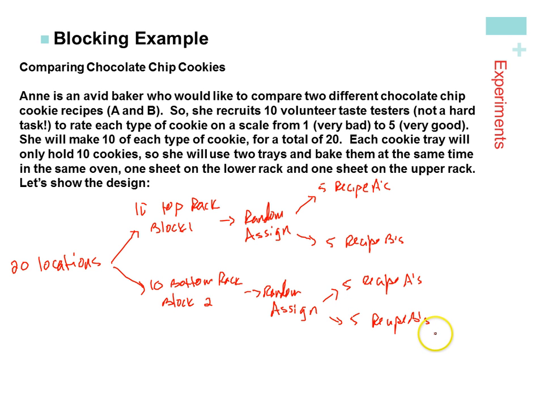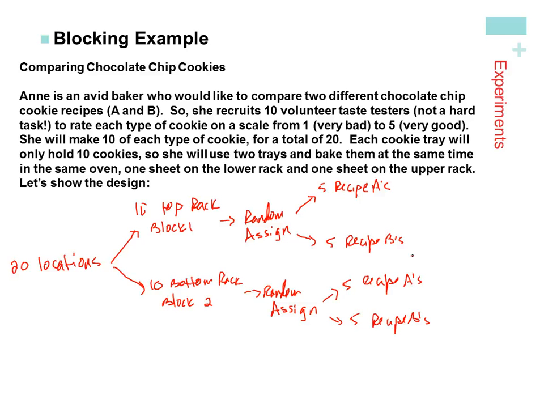Now once we apply the treatment, so we've got the recipes in here, we're going to find our taste testers, and let's not even get started on how taste buds are different. That becomes a more complicated issue.